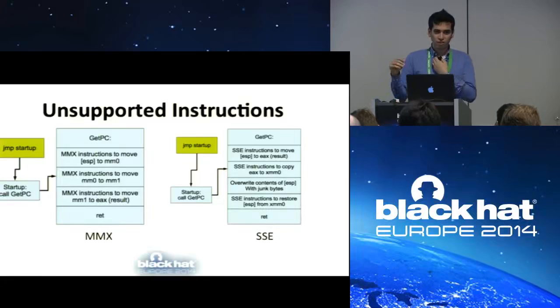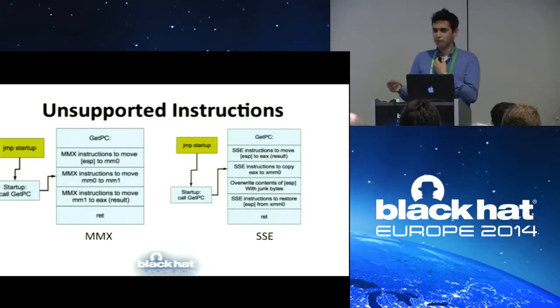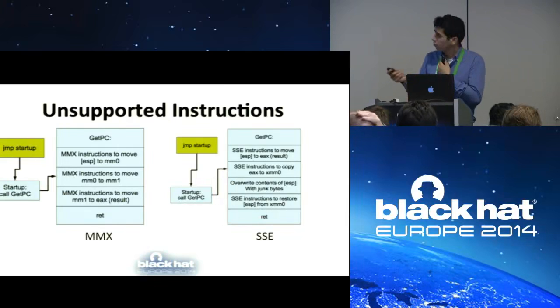If the MMX instruction is not supported by our EBNIDS, as a result, it will fail to decrypt the shellcode, and it can't detect the shellcode at the end.